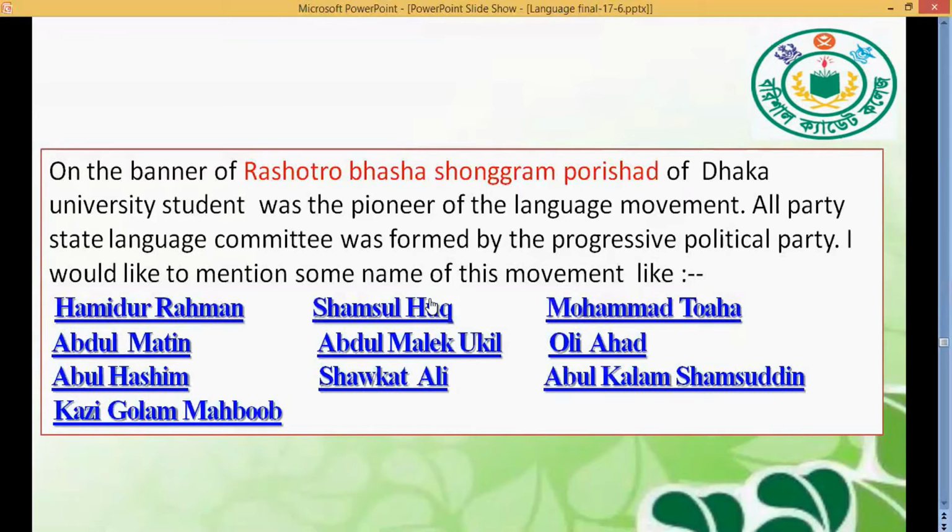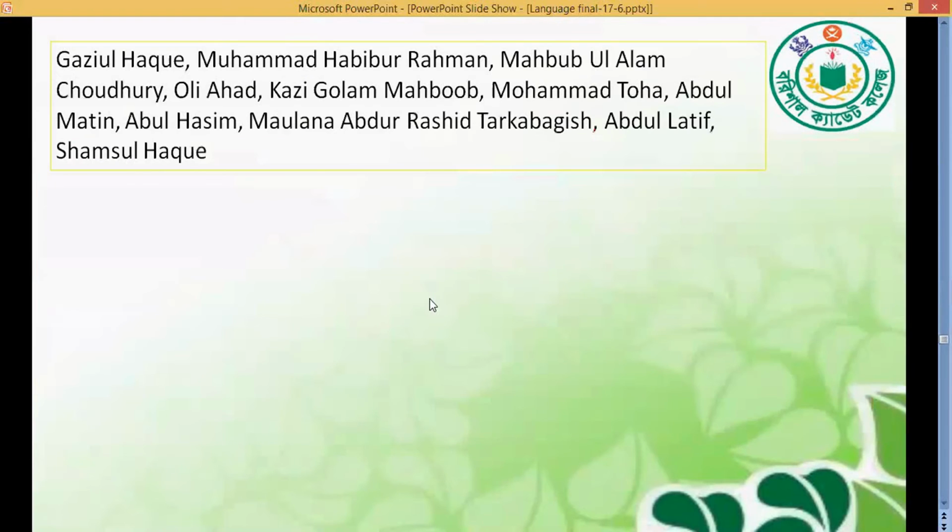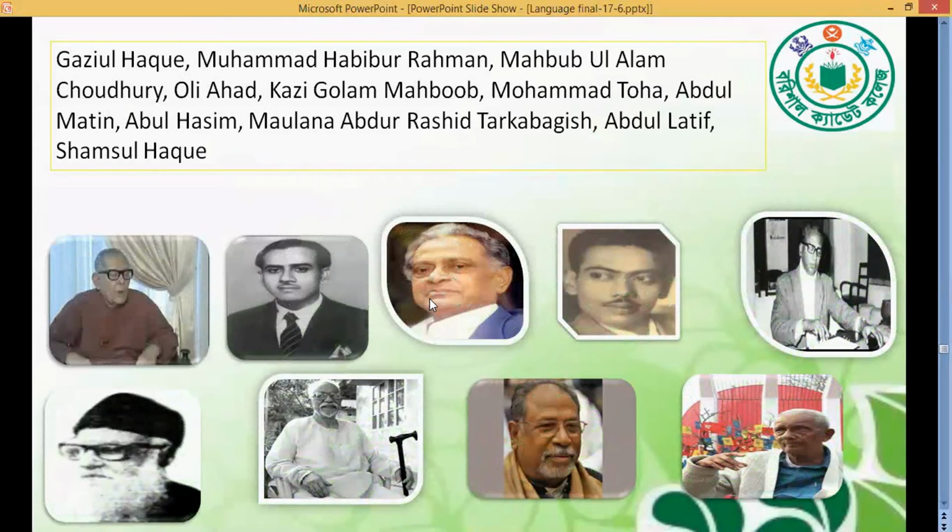I'd like to mention some names of this movement like Habibur Rahman, Shamsul Haq, Muhammad Toaha, Abdul Motin, who was the General Secretary of Rashtra Bhasha Sangram Parishad, Abdul Malik Ukil, Wali Ahad, Abul Hashim, Shaukat Ali, Abul Kalam Shamsuddin, Qazi Ghulam Mahbub, Gaziul Haq, Mahbubul Alam Chowdhury, Mohammad Akram Khan, Zahir Raihan, Mohammad Sultan, Abdul Latif, Altaf Mahmud, Dr. Muhammad Shahidullah, Maulana Abdur Rashid Tarkabagish.